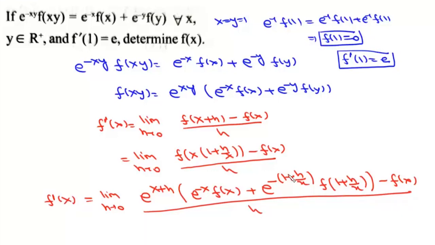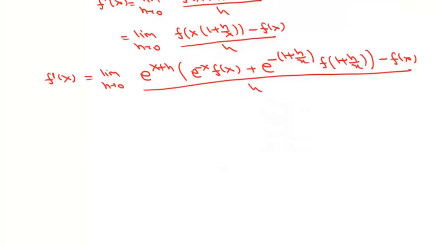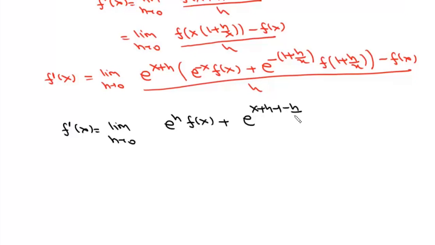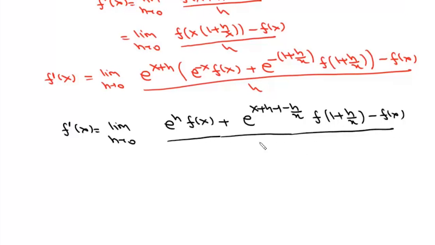Now if we multiply it, then we'll write f dash x as this limit, h tends to 0. Now it will be e to the power h f(x) plus, and here it will be e to the power x plus h minus 1 minus h upon x, and this is f(1 plus h upon x) minus f(x), whole divided by h.